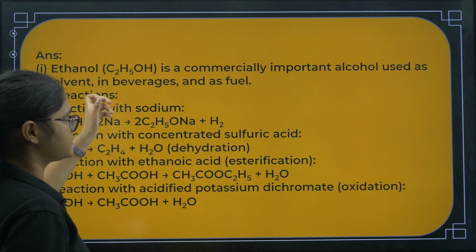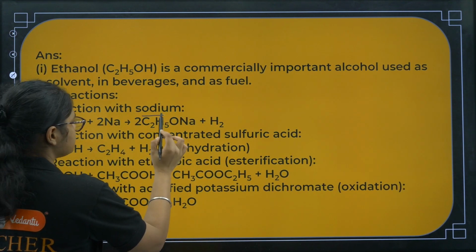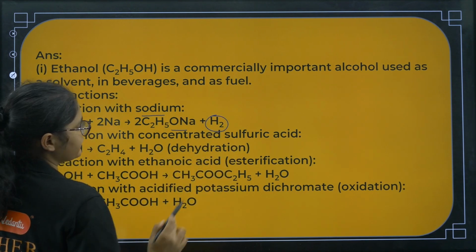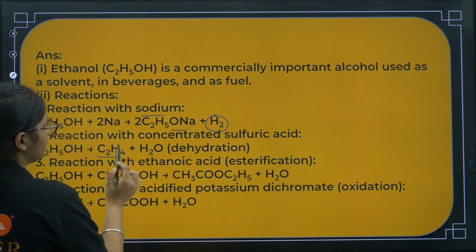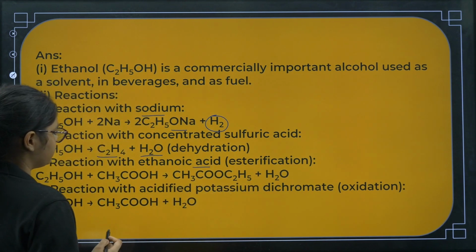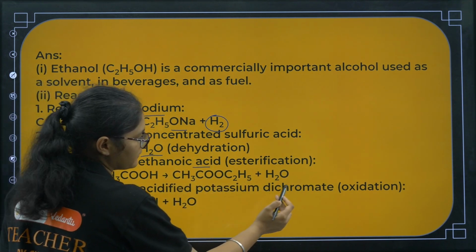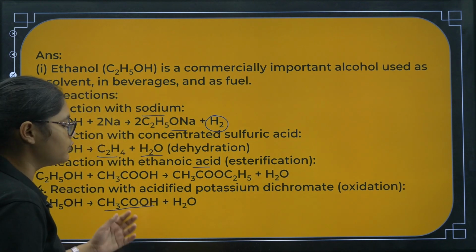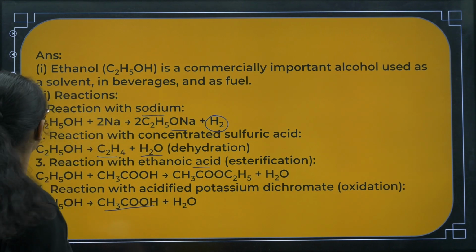It is the structure, that is ethanol. Reaction with sodium, you will get sodium ethoxide and hydrogen gas. With concentrated sulfuric acid, you will get the dehydrated product and water. Then with ethanoic acid, esterification will take place, and then with acidified potassium dichromate, oxidation will take place, and ethanol will get converted to ethanoic acid.